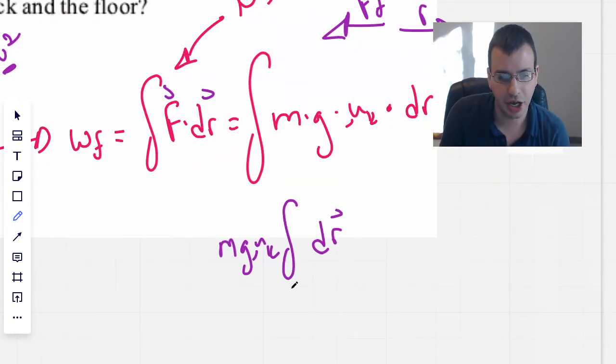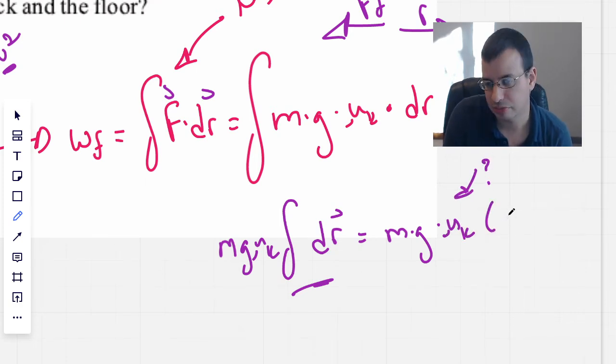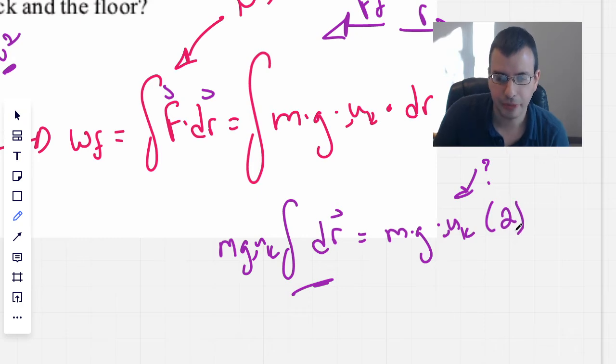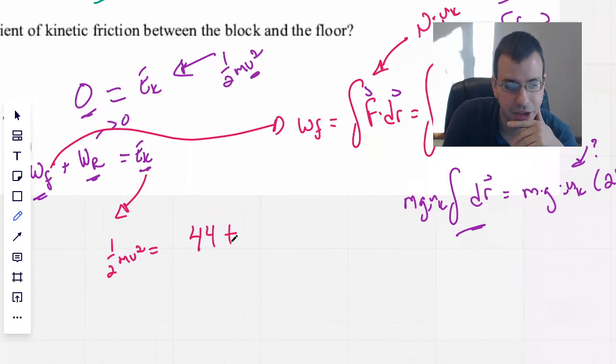So this integral of dr, that's just the distance, so that's going to be 2. So this is going to be mass times gravity times mu k, which is what we're looking for, times 2. Okay, so this is plus, I'm going to change this plus to a negative, mg mu k times 2.